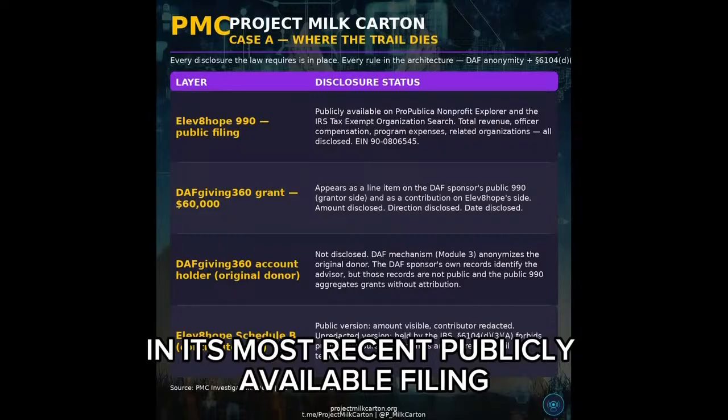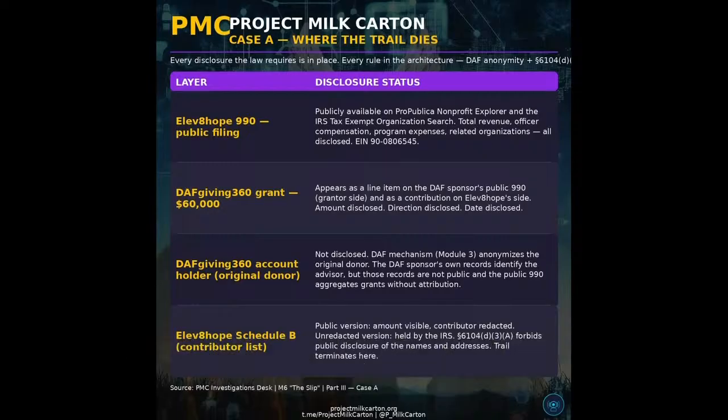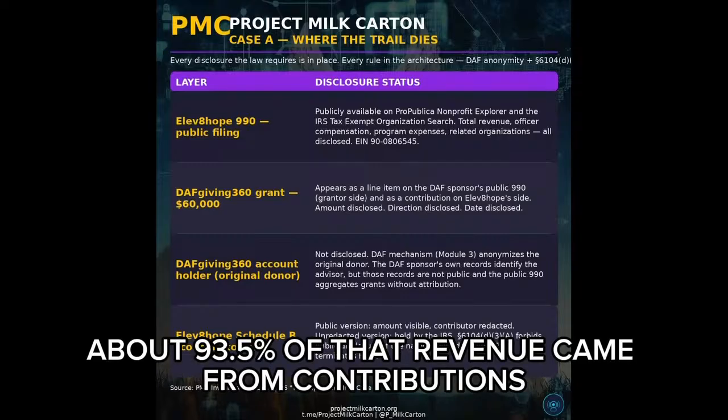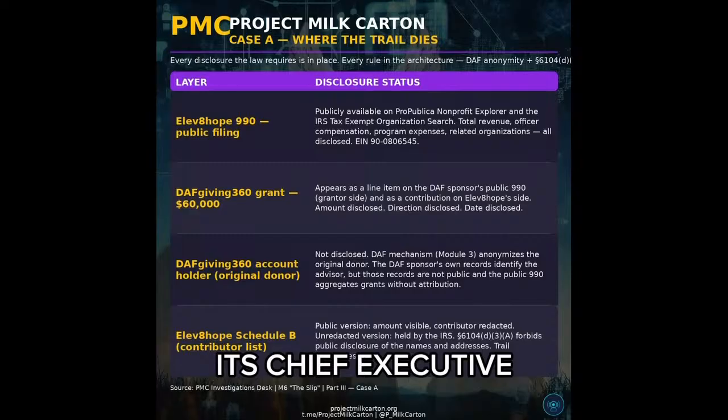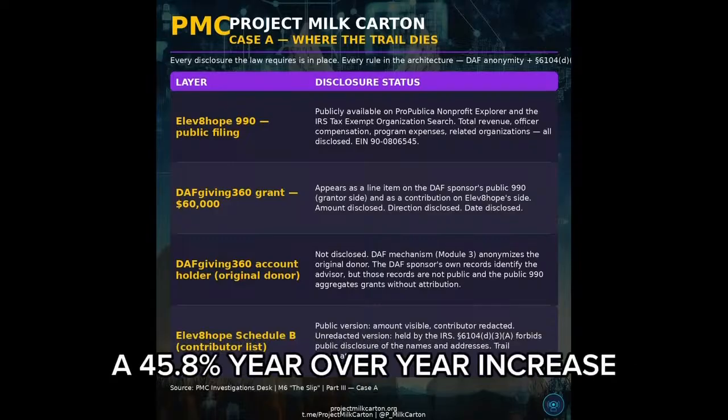In its most recent publicly available filing, Elevate Hope reported total revenue of approximately $892,895. About 93.5% of that revenue came from contributions. Its chief executive, Rena Spiruk, was compensated $184,691, a 45.8% year-over-year increase.